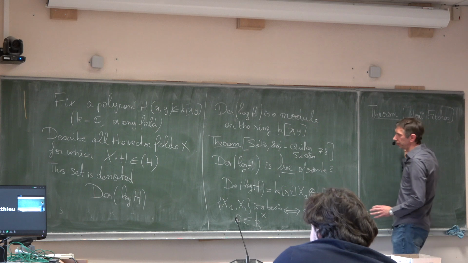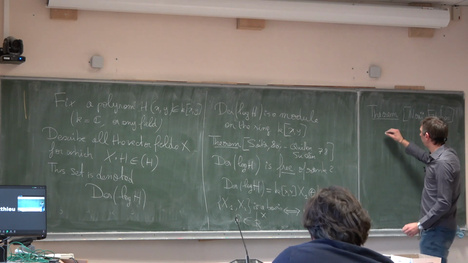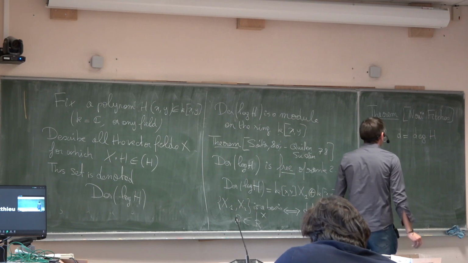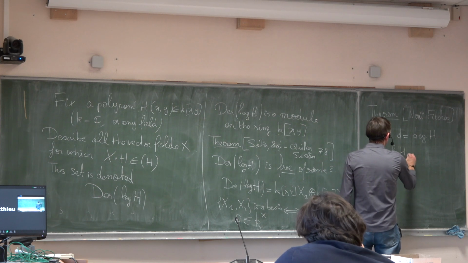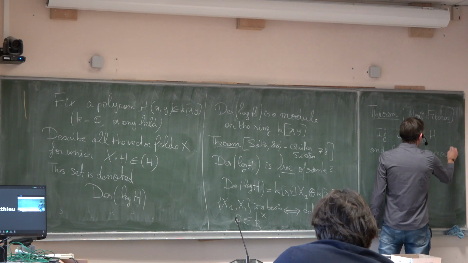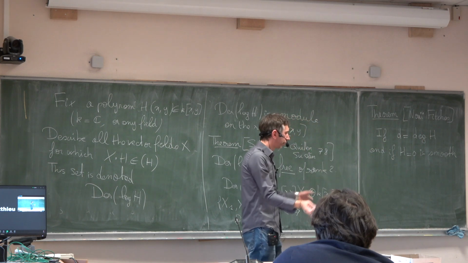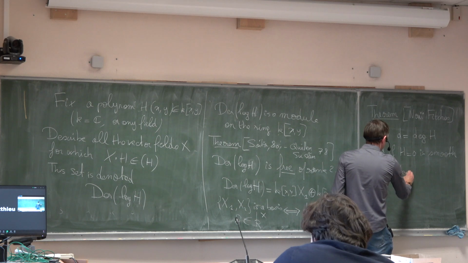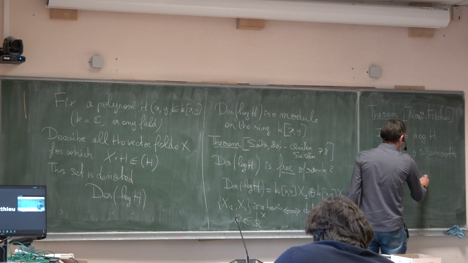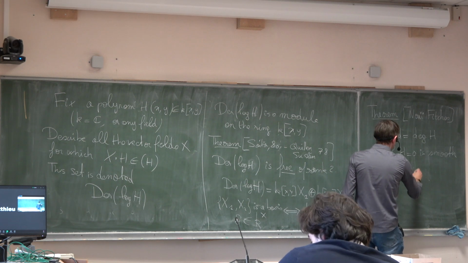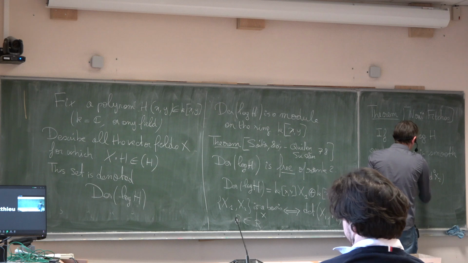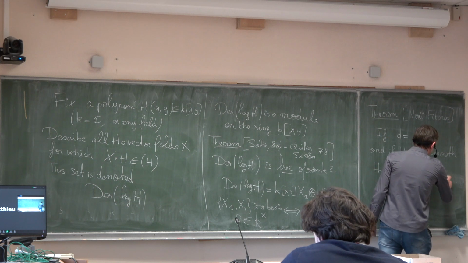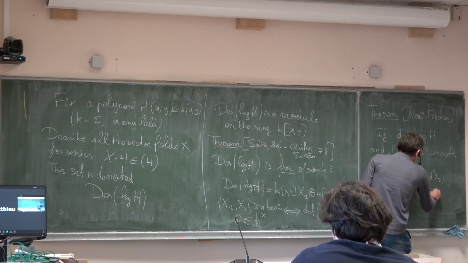But if you apply their construction in this situation, you find that if d is the degree of H, and if H equals 0 is smooth, meaning you have no singular point along the curve, you have just a very nice curve, then the maximum of the degree of x1 and the degree of x2 is bounded by a constant multiplied by d to the power of 4.